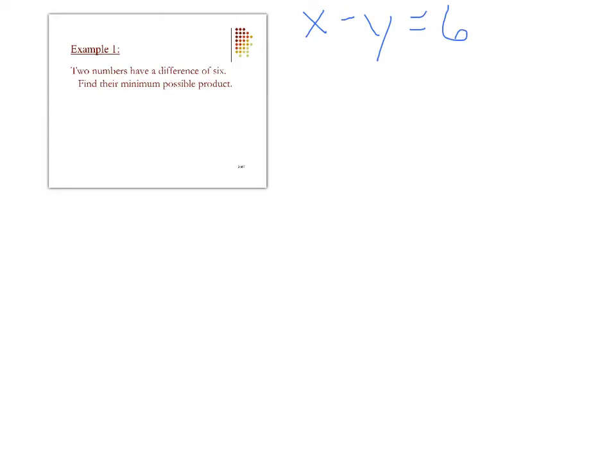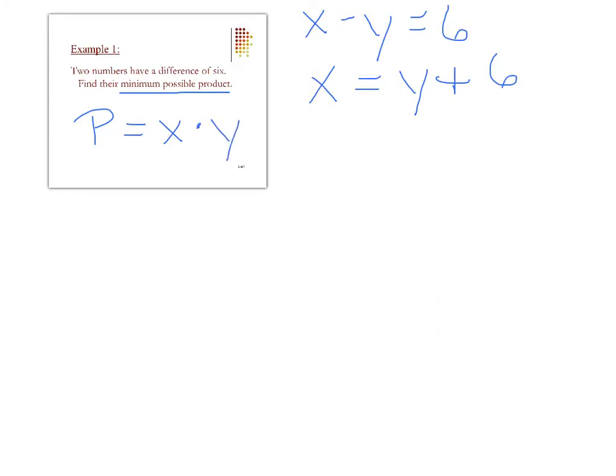So solving that, you always want to solve it in terms of one variable. So that would mean that x is equal to y plus 6. And if you're trying to find their minimum possible product, the product is just going to be x times y.